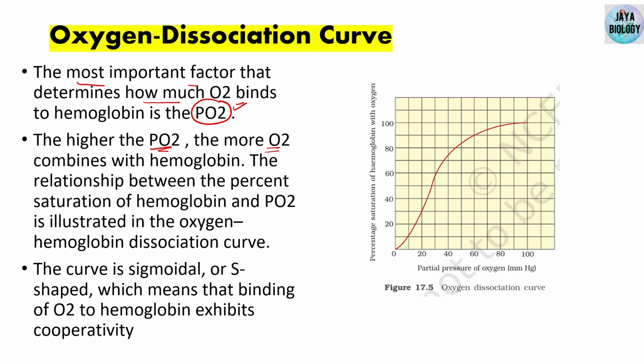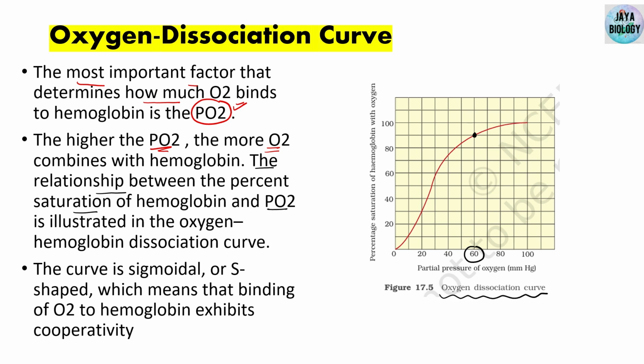If you can see this graph, when the partial pressure of oxygen is 60 or more, from 60 to 100, you can see hemoglobin is nearly more than 90% saturated. So the relationship between the percent saturation of hemoglobin and partial pressure of oxygen, we are showing it with the help of the oxygen dissociation curve.